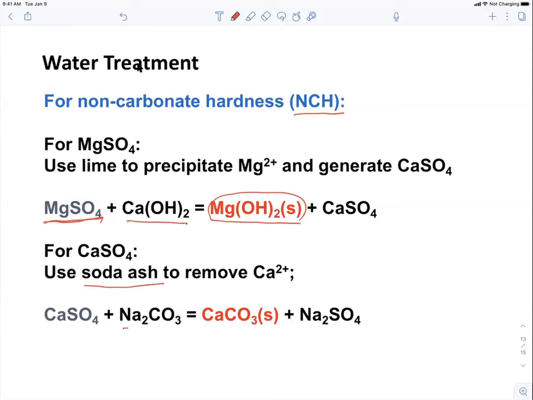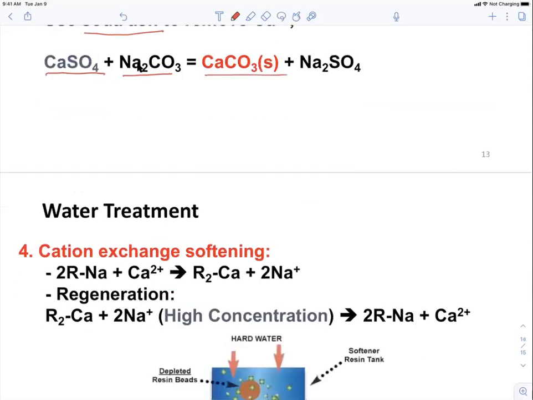So the soda is mainly composed of sodium carbonate, right? The sodium carbonate can react with the calcium sulfate and then also form this solid here. So that's why it's called the lime soda method. And by using the equivalent concentration as calcium carbonate, it's going to make this process much easier when we try to control the water quality.